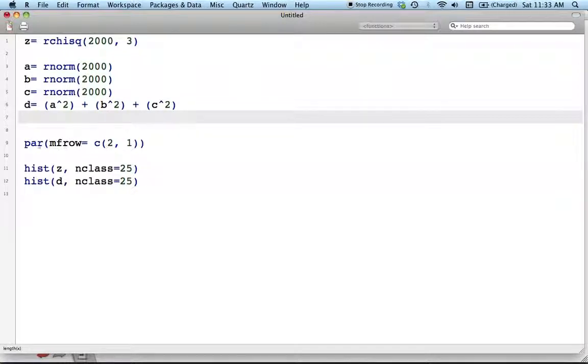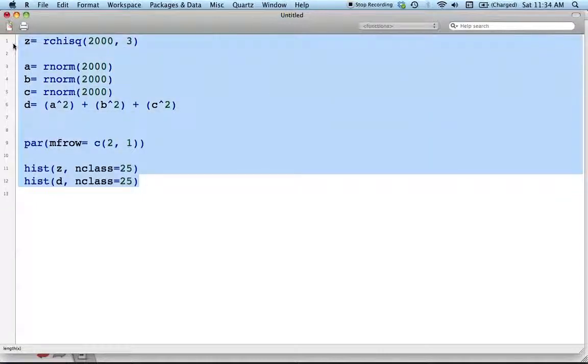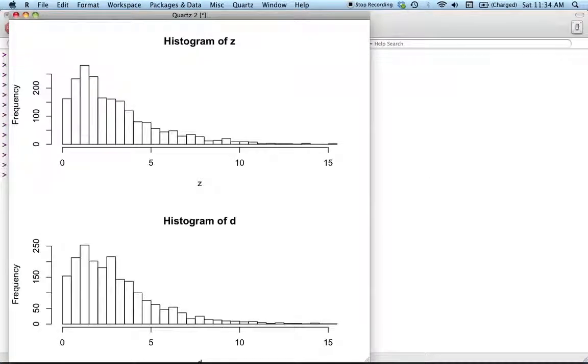Okay, so basically I'm just going to create a histogram of z and a histogram of this new sum of squares vector d, and I'm just going to hope that at least visually it seems plausible that they're talking about the same thing, or at the end of the day sampling from the same pool, if you will. So let's go ahead, paste this into R, and see what happens.